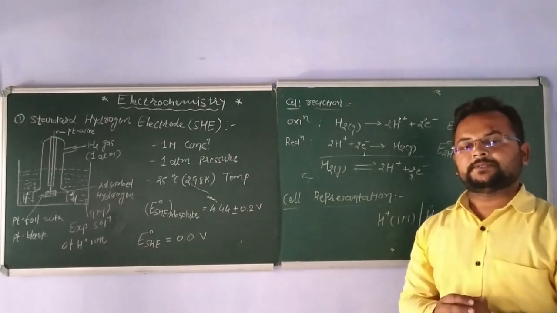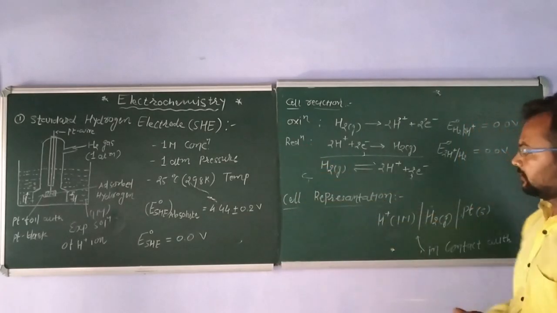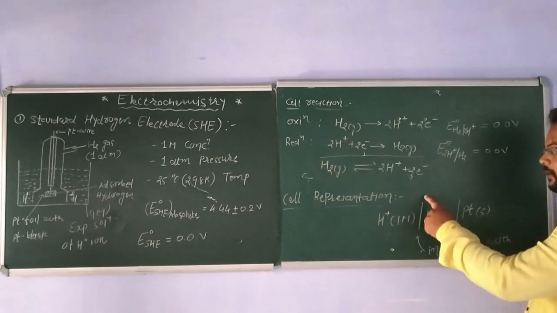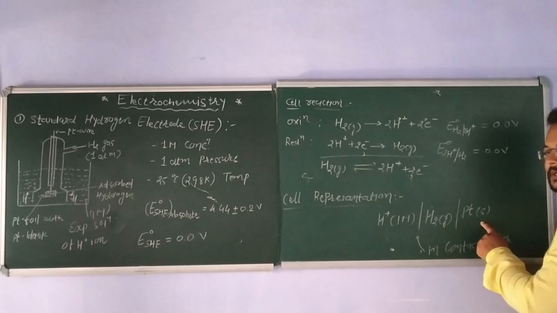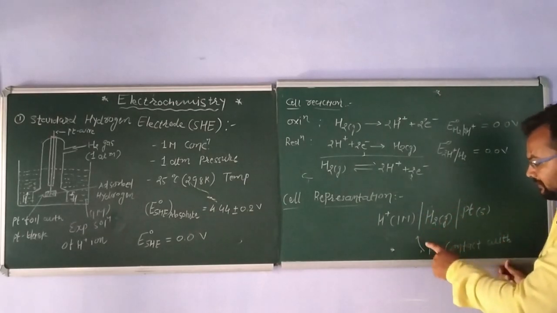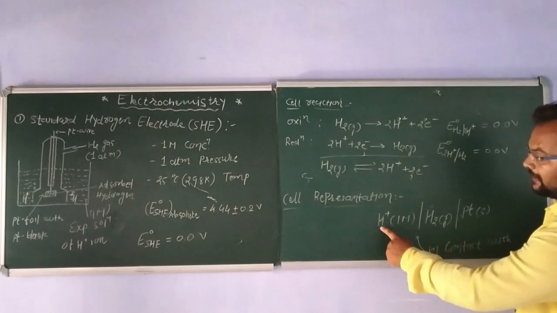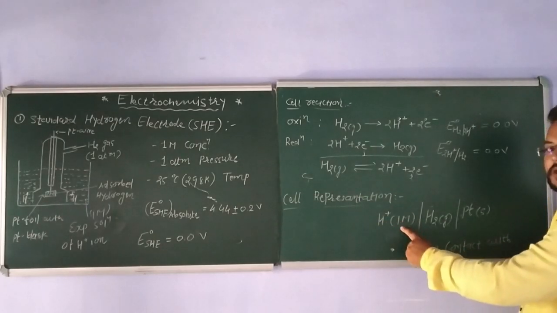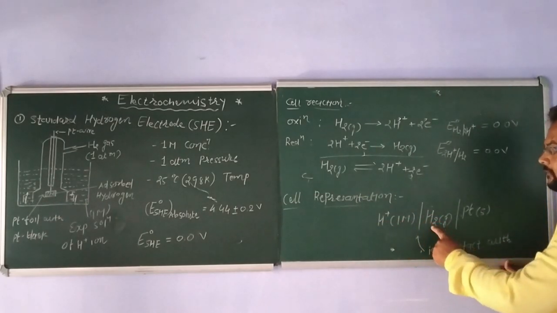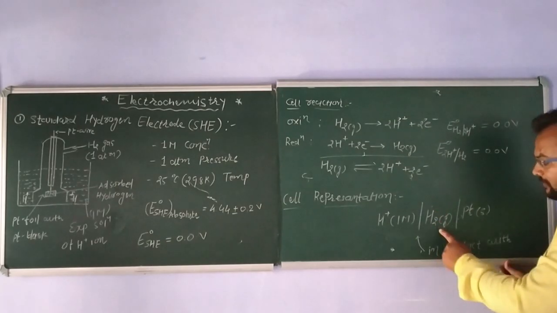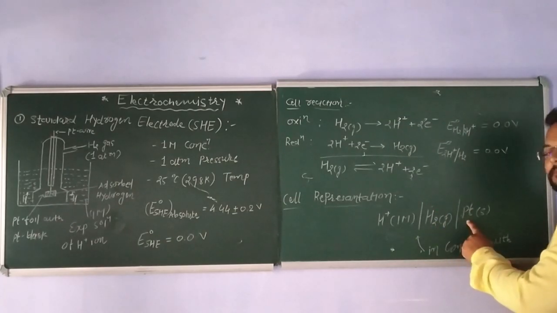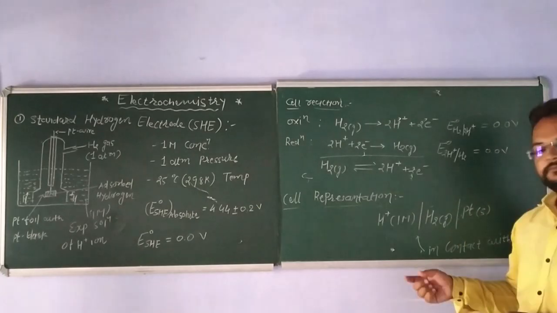The cell representation of the standard hydrogen electrode is H plus (1 molar) | H2 gas | platinum solid. Here the oblique line indicates in contact with. That means the experimental solution containing H plus at 1 molar is in contact with H2 gas, and this H2 gas is in contact with the platinum foil.